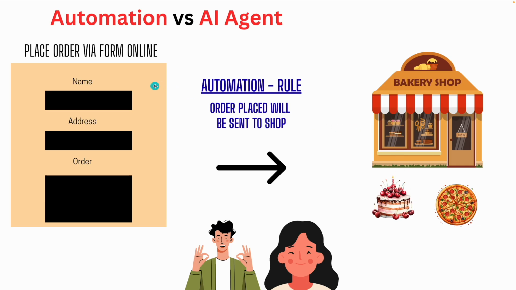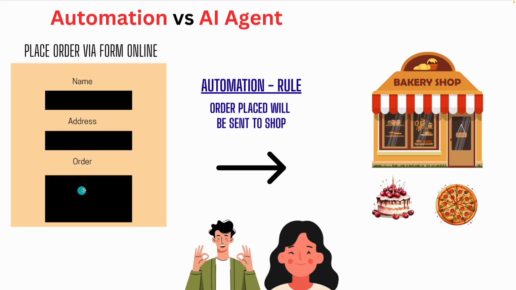On my website I created a form that helps users place orders online. Users have to put their name, then their address where they want the order delivered, and the order details, like pizza, and the pizza details like what type of pizza they want: extra cheese, non-veg pizza or veg pizza.